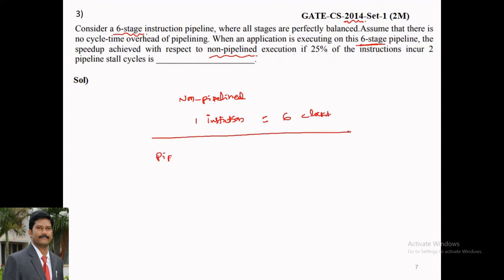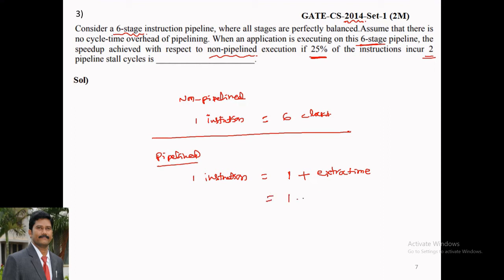Now in pipeline, to execute one instruction, how much time will it take? Because a 6 stage pipeline is there, each instruction takes 1 clock only, plus some extra time. The extra time is due to the 25% of the instructions that incur 2 pipeline stall cycles.